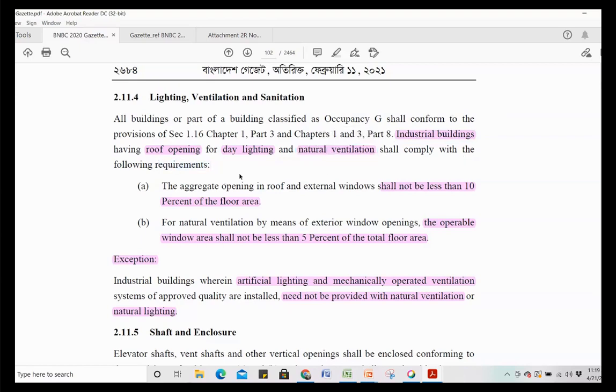So what are the requirements? The first requirement is that the aggregate of the opening in roof and external windows shall not be less than 10% of the floor area. So it is including both roof and external windows, and the aggregate shall not be less than 10% of the floor area.